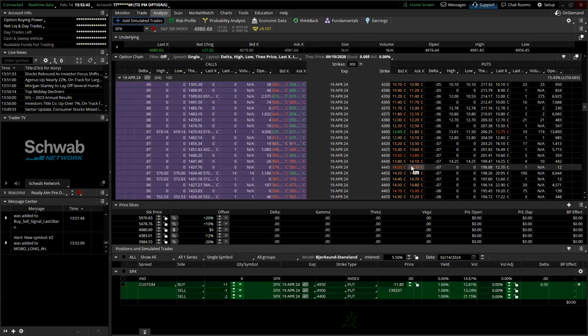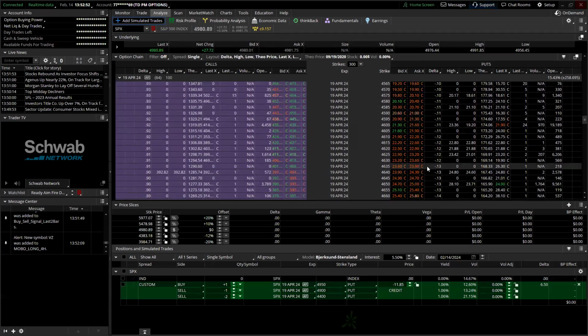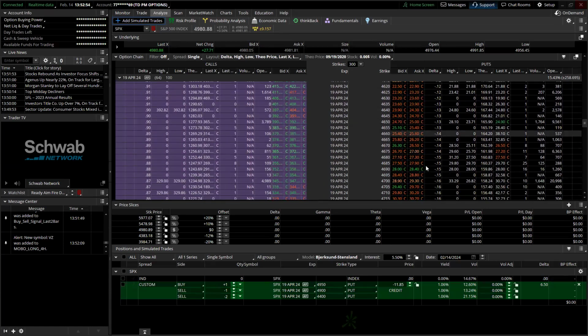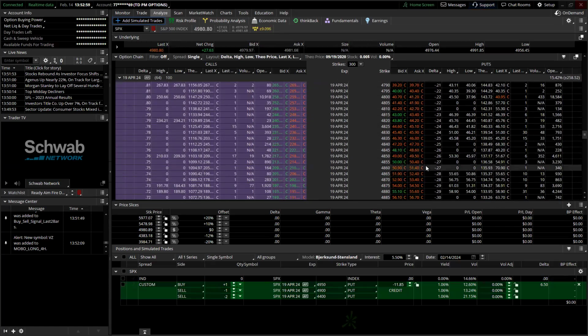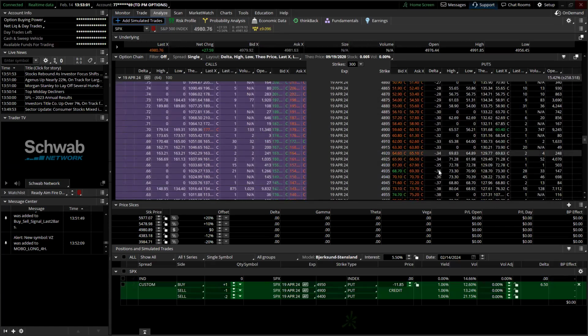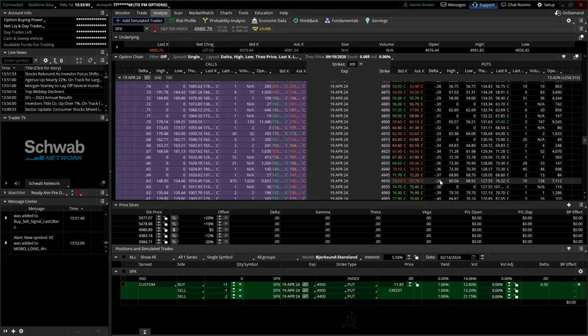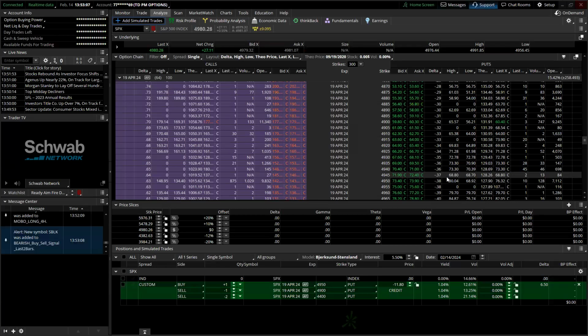And we're going to use a 25-point wide put debit spread. I get asked what delta do I go for when looking at a put debit spread? I mean, we can use delta or we can use price, right?